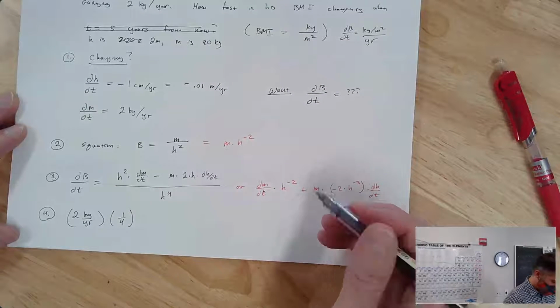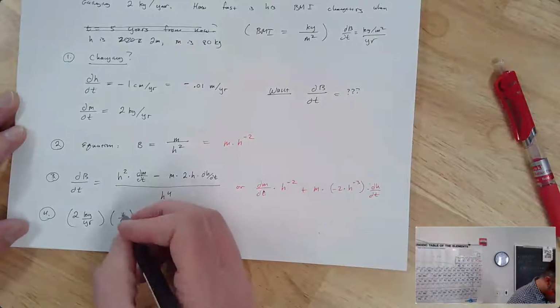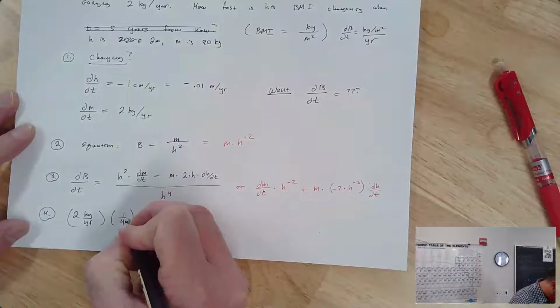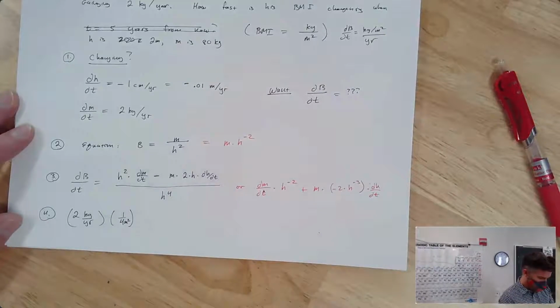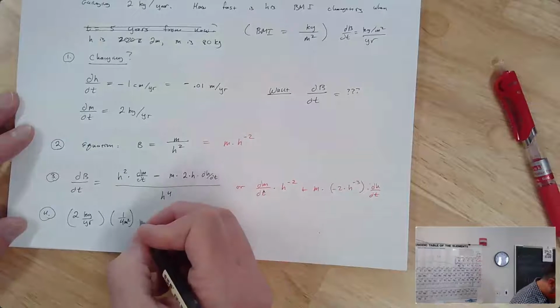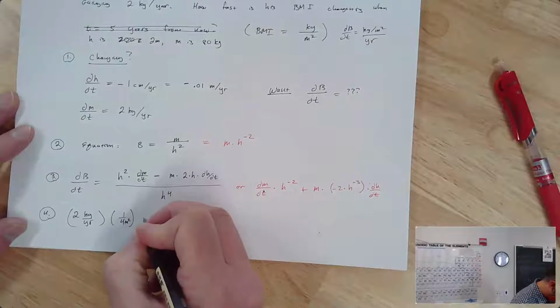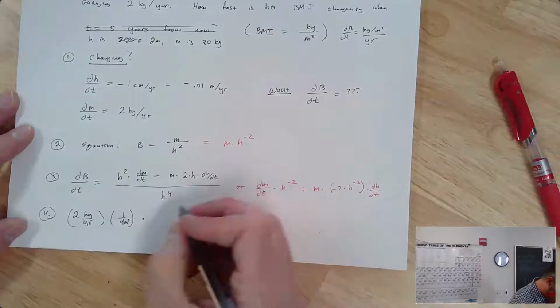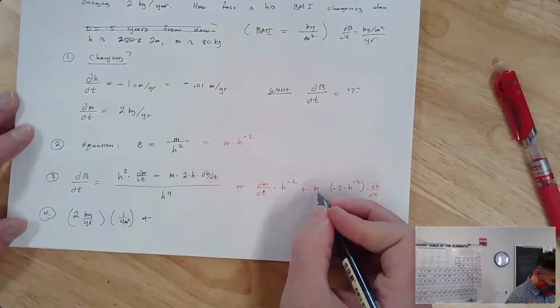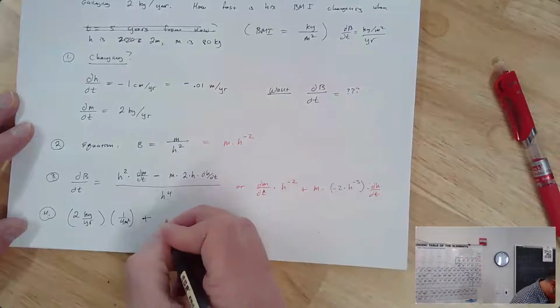So I guess this would really be meters squared in the bottom here. Yeah, kind of funky. And then I was doing it here. Plus the mass, which we said was 80 kilograms.